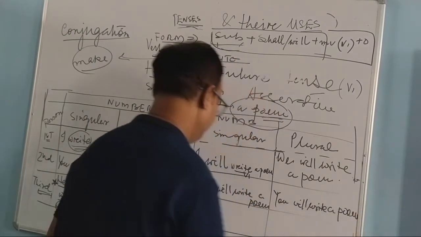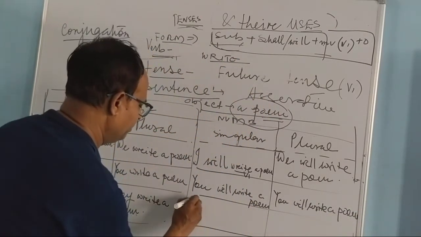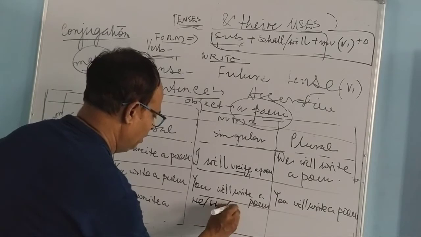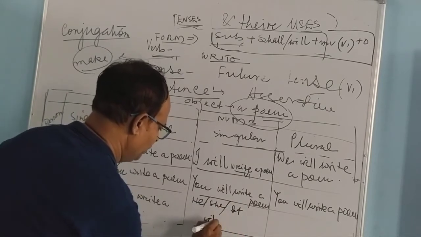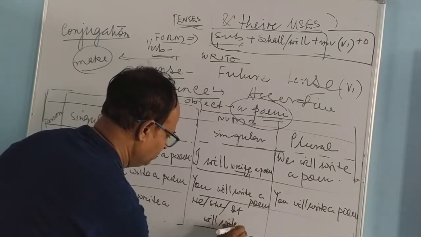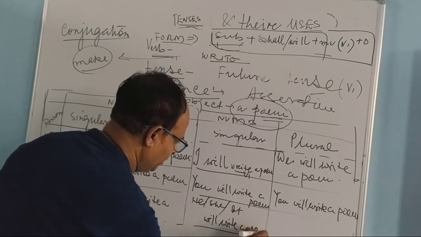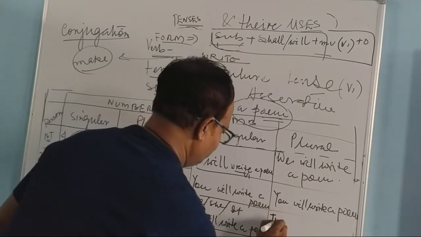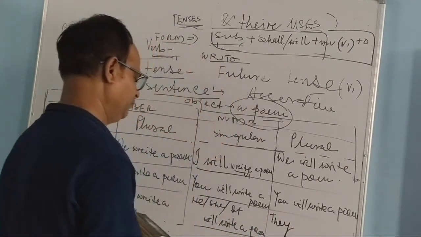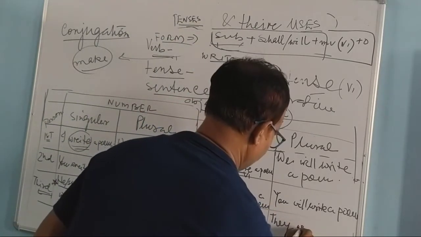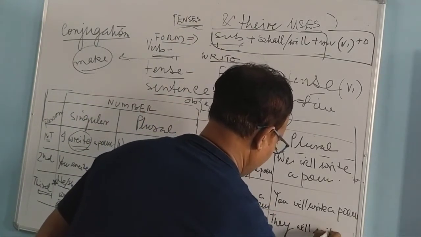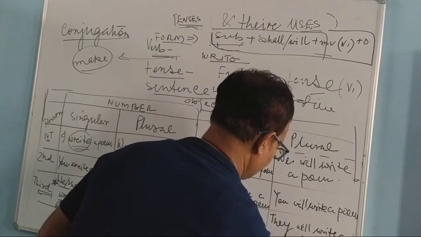Third person will be he, she or it will write a poem. Then the third person plural will be: they will write a poem.